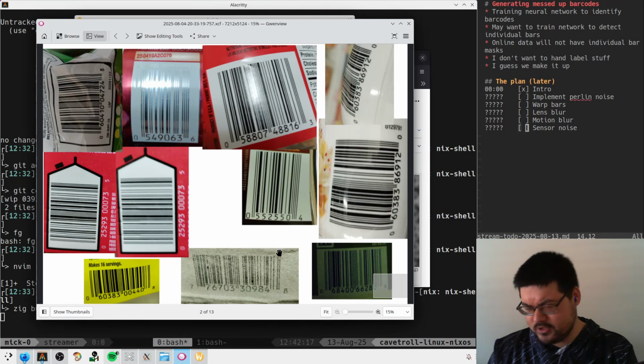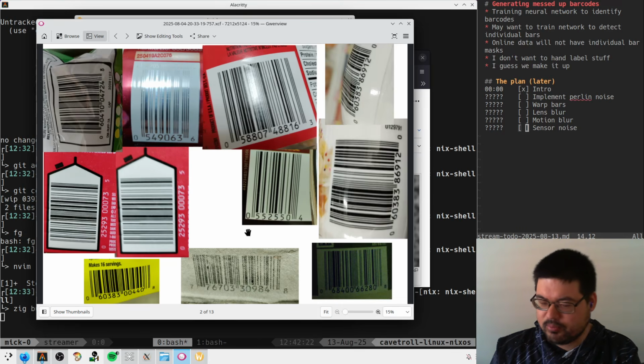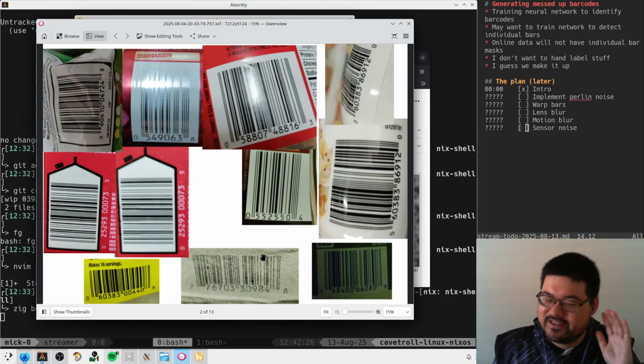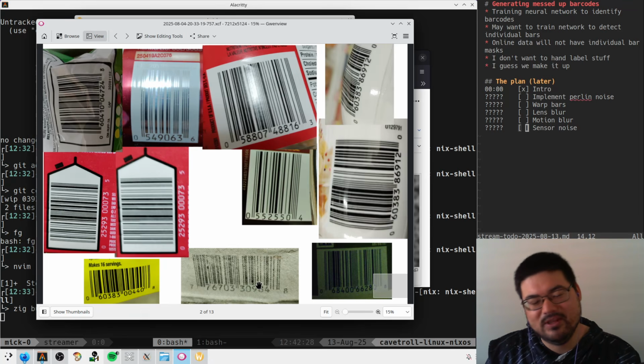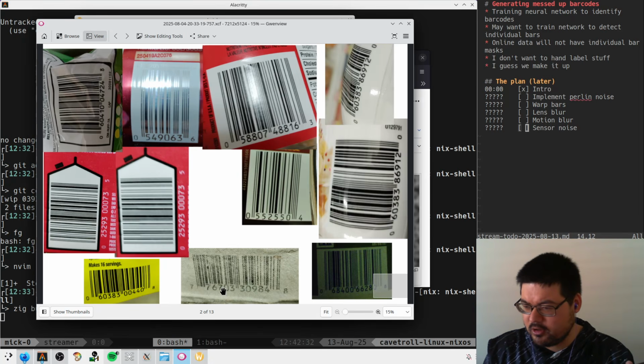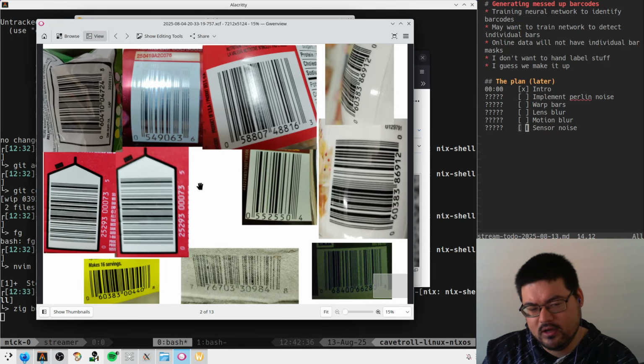Doing some Googling, this probably doesn't exist because who would want this, right? This is a well-solved problem, and people have strategies for this, right? But the data sets that we could find, they have numbers, the codes associated with the barcode. But we want to do something a little bit different.